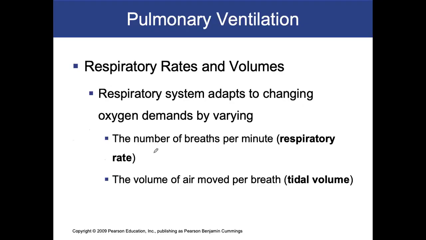So normal respiratory rate, right, is about 12 to 20 breaths per minute, right? And the average volume of air that a person moves is around 500 mils. And so think about if you were running, how would that change? Right, so respiratory rate would increase, and your tidal volume would increase. Okay, so the volume of air moved per breath is your tidal volume.